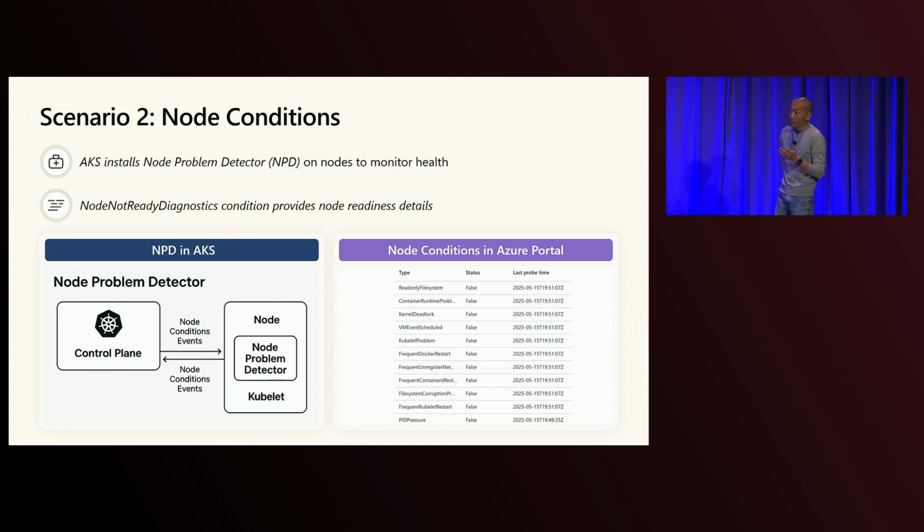In addition to the built-in Kubernetes node conditions, AKS also installs Node Problem Detector. Node Problem Detector extends the set of detectors beyond what's built into Kubernetes to offer detectors around resource pressure, scheduled events, as well as other common system issues.